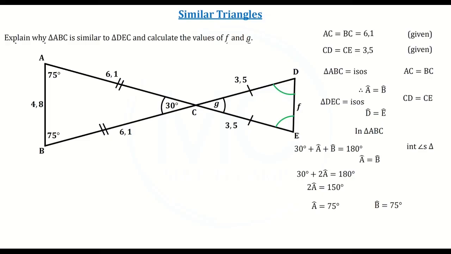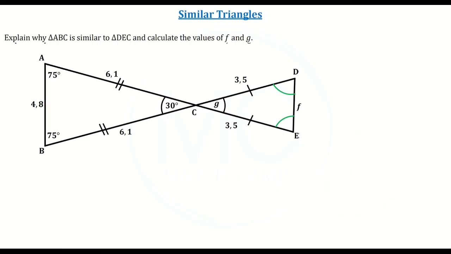Now we need to find the sizes of the interior angles of triangle DEC. So let's make some space. We can see that lines AE and BD cross at C. So let's mark these in blue. From this, we can see that angle G sits vertically opposite from the 30-degree angle.